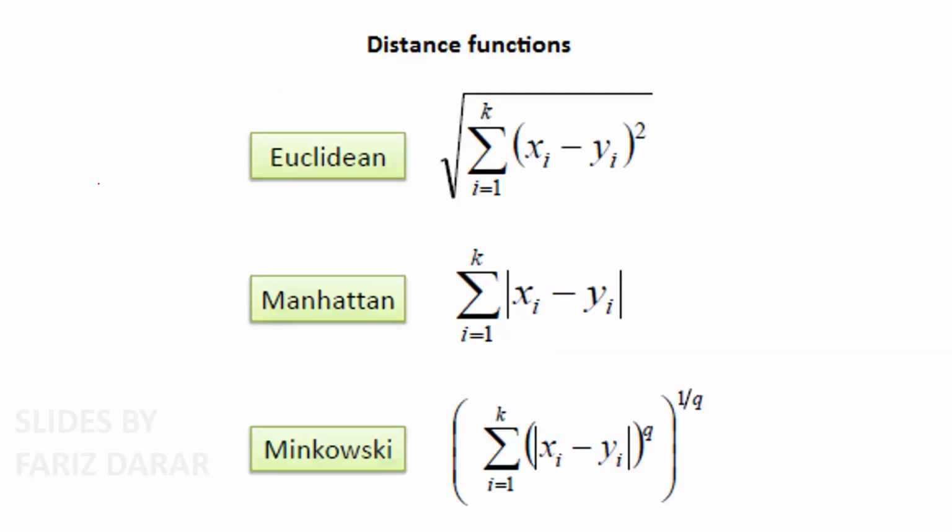Yeah, and then various distance measurements, we can use the Euclidean distance, right? I think you should be quite familiar with these distance metrics, because you have learned them during our clustering class, right? And also the Manhattan and the Minkowski.